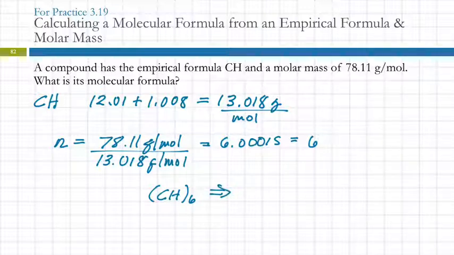So it's C6H6. Whatever the subscripts in the empirical formula are, you just multiply them by this number you came up with, and you get your molecular formula. You can double check that then by finding the molar mass of C6H6, right? And you calculate that and you'll come up to 78.11.